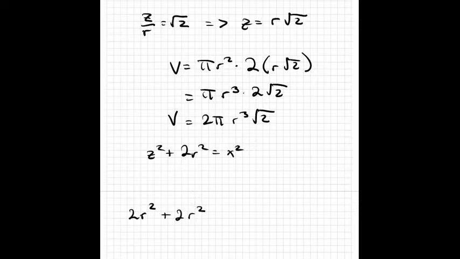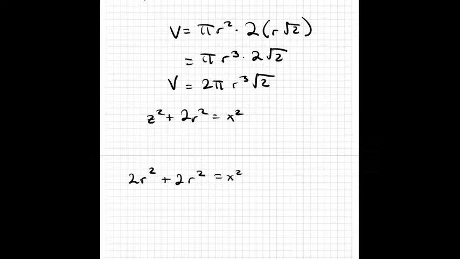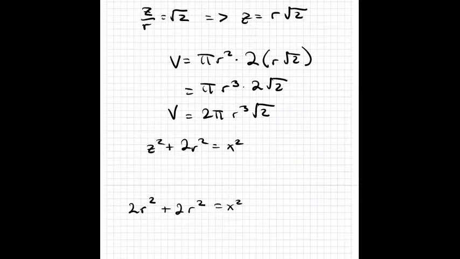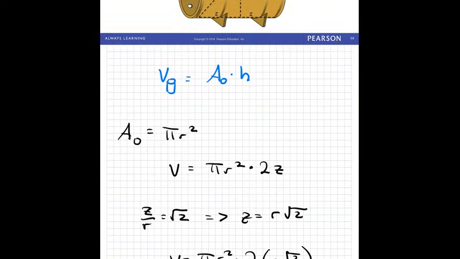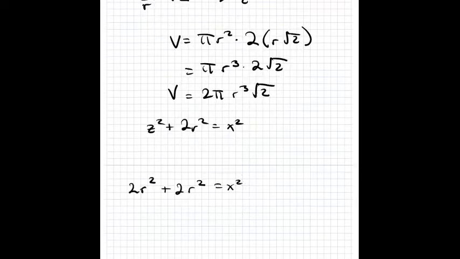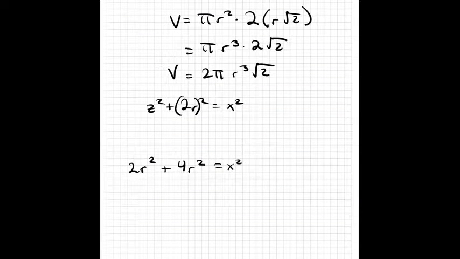Did I do that right? Oh, something's not right. This is supposed to be 2r squared like this. So when we account for that, that 2 actually becomes 4. That's better. So 2 plus 4 gives us 6r squared equals x squared.